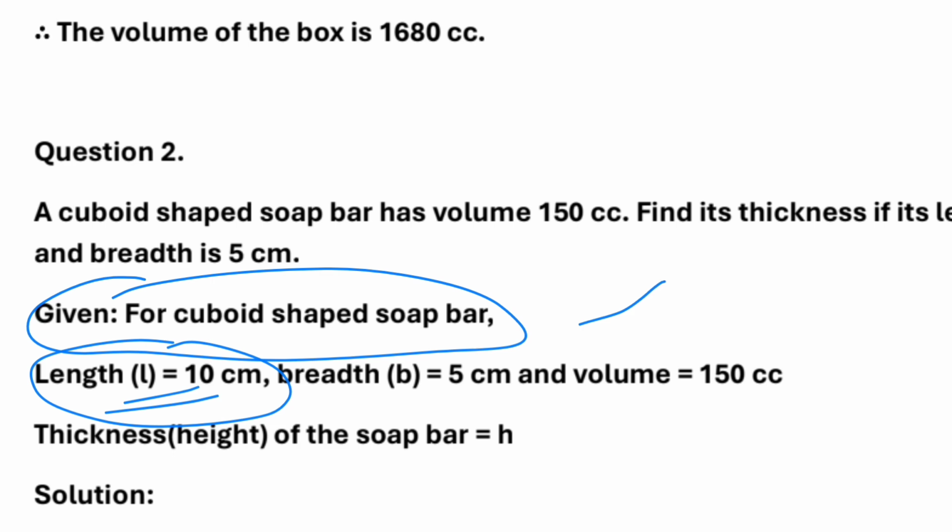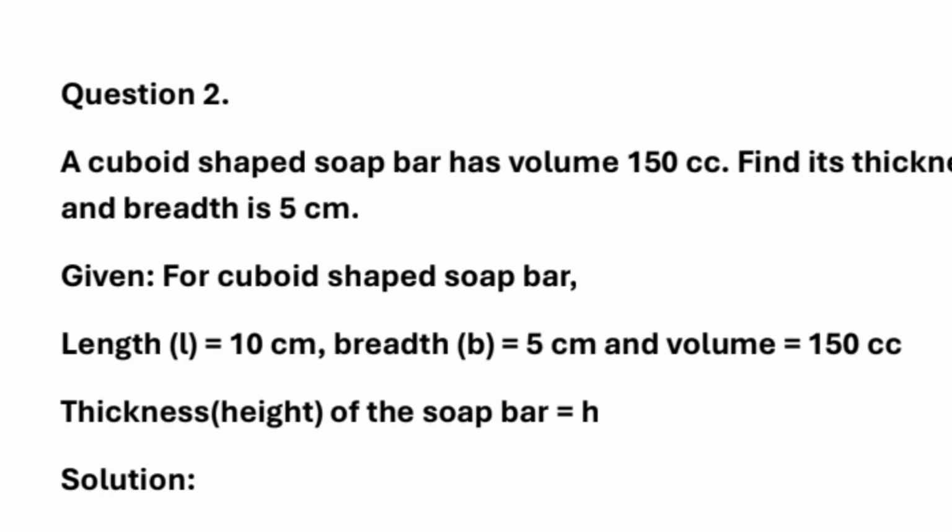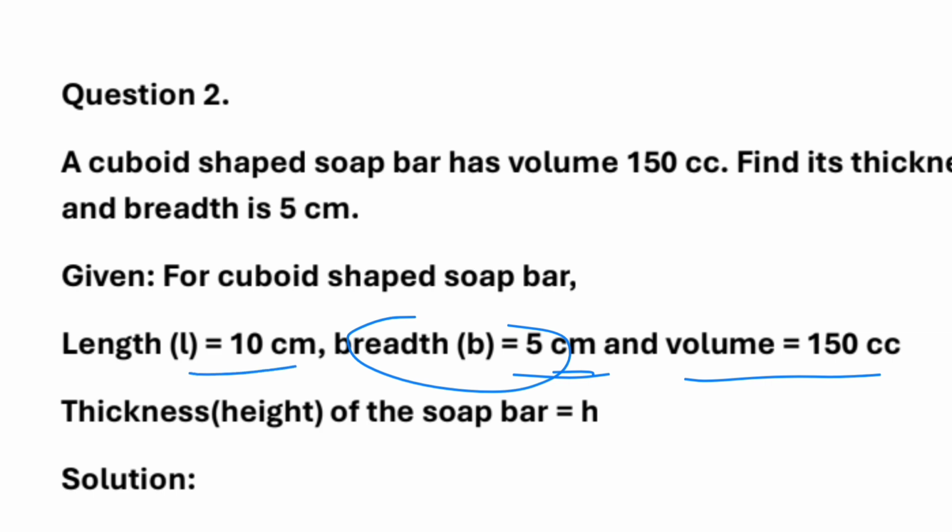Breadth B is equal to 5 centimeter, and its volume is equal to 150 cubic centimeter or centimeter cube. These are given values: length L is equal to 10 centimeter, breadth B is equal to 5 centimeter, and volume is equal to 150 cubic centimeter.